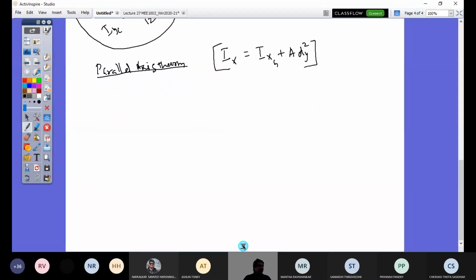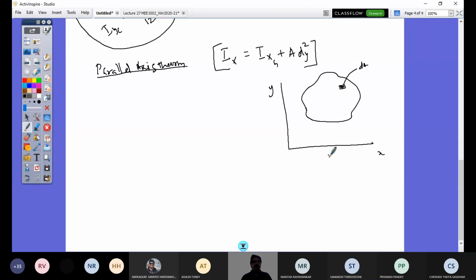At the moment, okay, let me just explain that proof as well. Let us consider this is my x-axis, this is my y-axis. Let me consider an arbitrary area. So this is an elemental area in this, which is dA, right? I know for this centroidal axis, by applying first moment principle, that happens to be its centroidal point. So this is my XC axis and this is my YC axis.